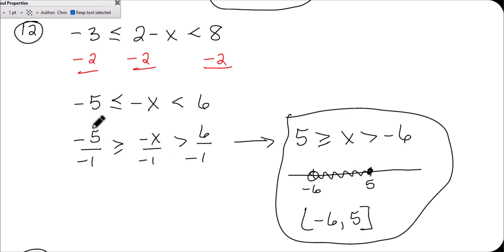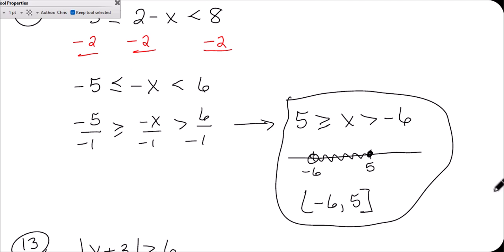And so I get a positive 5, a negative 6. All right, so we have our solution. I need to plot it on a number line. The minus 6 will get an open dot. 5, because of the equals, gets a closed dot. Closed dots go with brackets. Open dots go with parentheses.